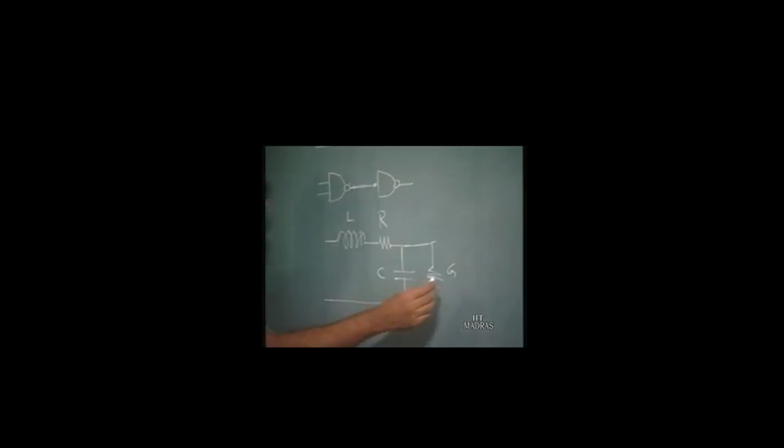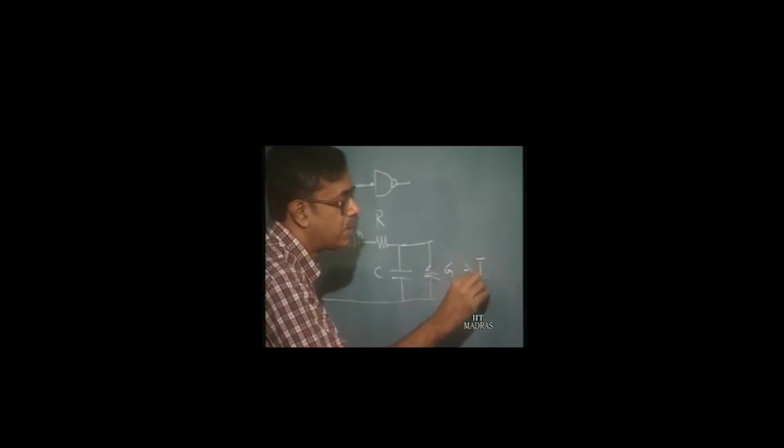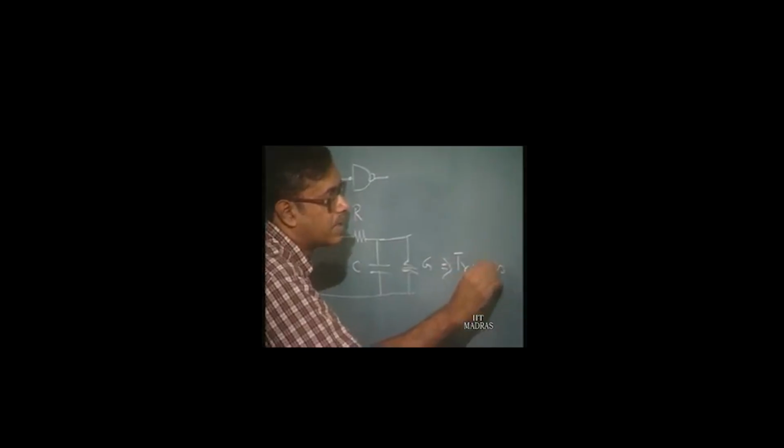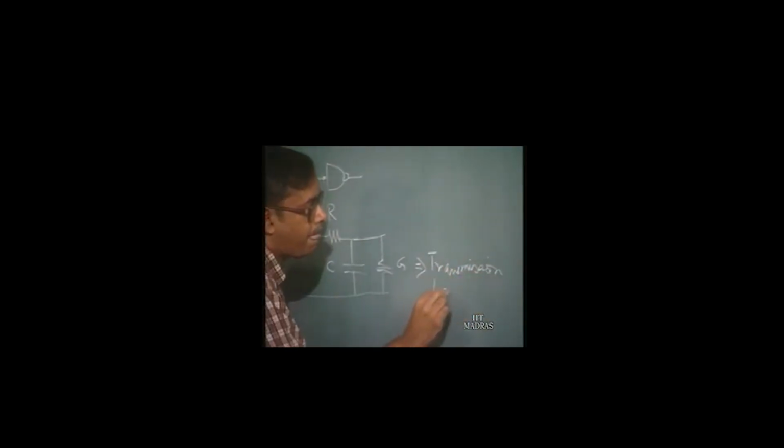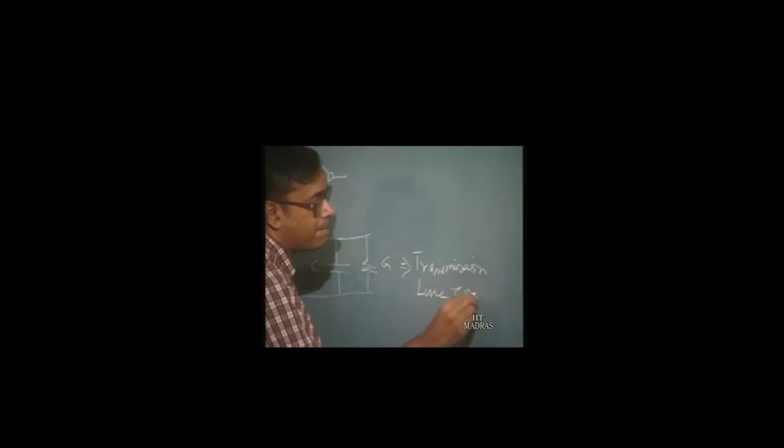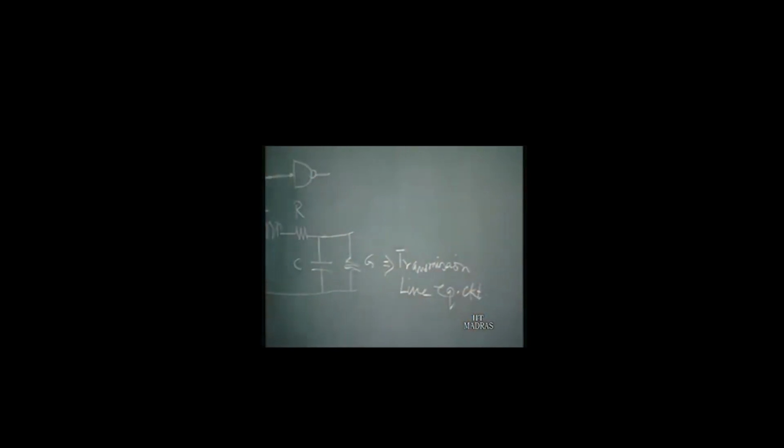Now, this is the transmission line equivalent circuit. In many cases, for simplicity of analysis, at first we shall assume that this R, which is the resistance, is very small, and this G, which is the conductance between the two lines, is very high, so that we have the equivalent circuit consisting of only the inductance and the capacitance.